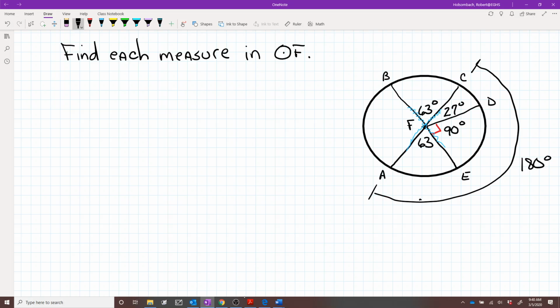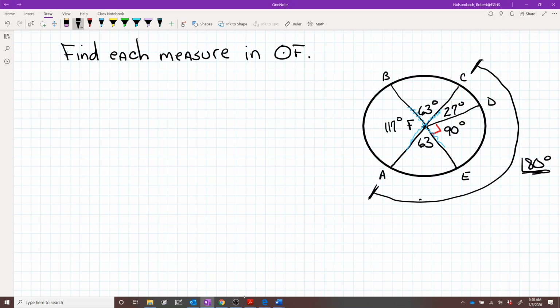And on this right side, A around to C is a semicircle and it's 180 degrees, so C back around to A on the other side is the same thing. So this angle BFA is going to be 180 minus 63, which is 117. And now you have every central angle measure in that circle.